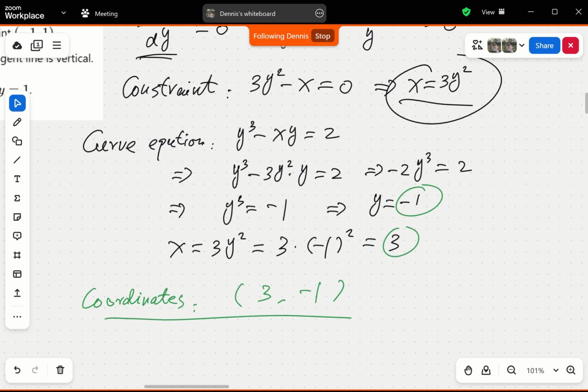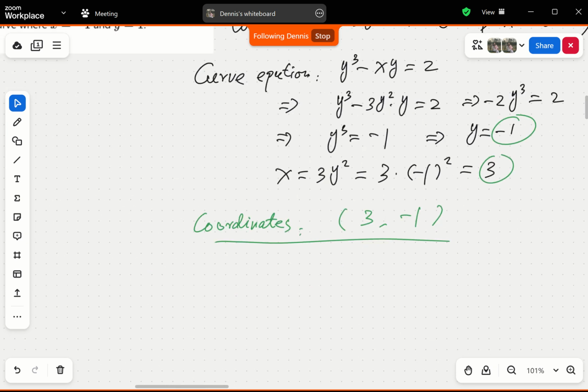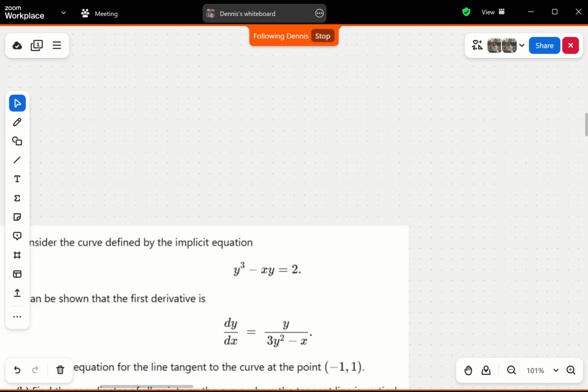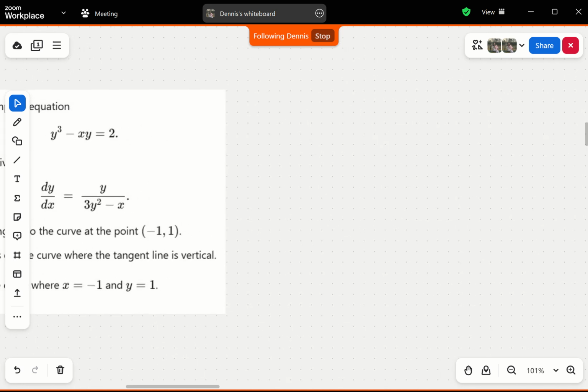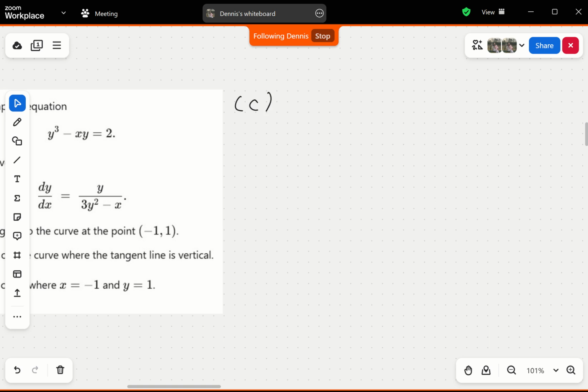Good. Now we have the last question, question C. It asks you to evaluate the second derivative of y with respect to x at the point on the curve where x = -1 and y = 1. So this is asking you to solve for the second derivative of y with respect to x.